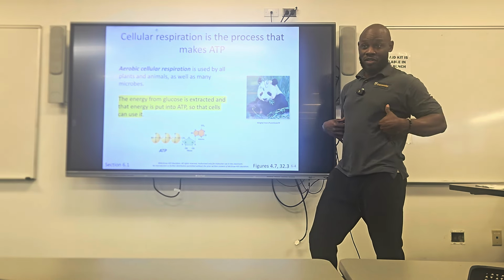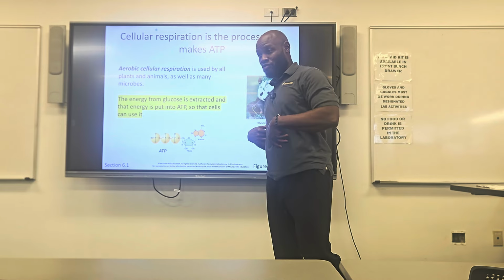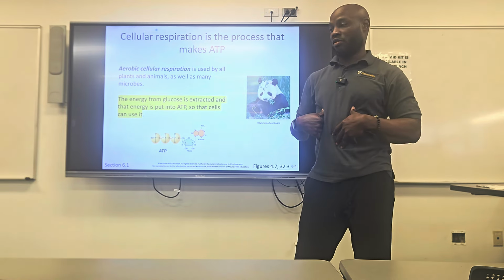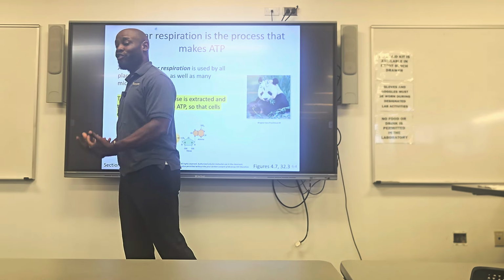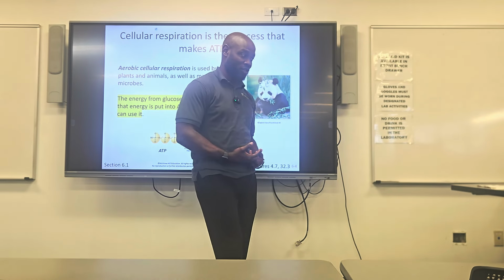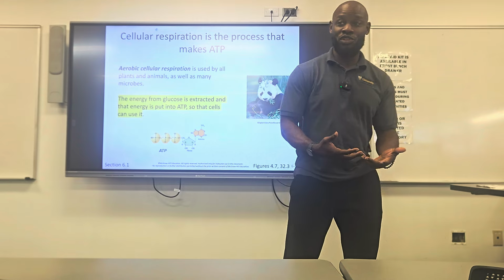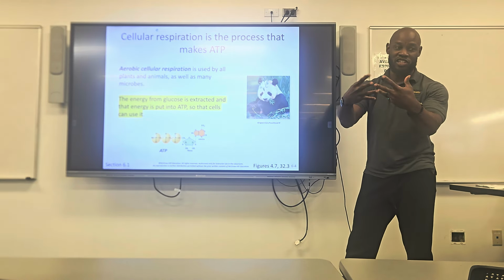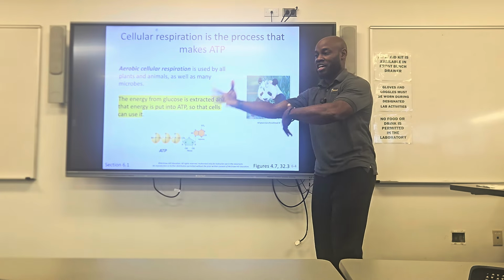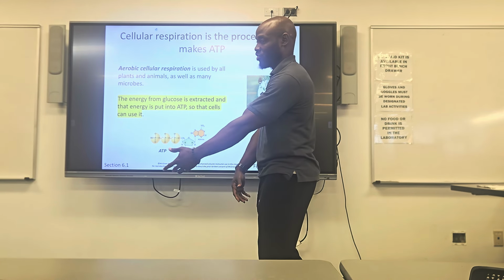In our bodies, we eat food, carbohydrates, we eat other things. We also eat fats, which your body can convert into glucose, which the cell can then use to make ATP that your cells can use as energy to power different types of reactions inside the cells.